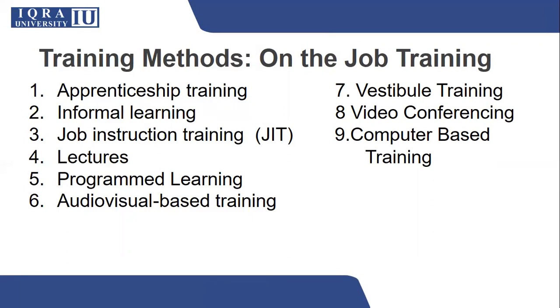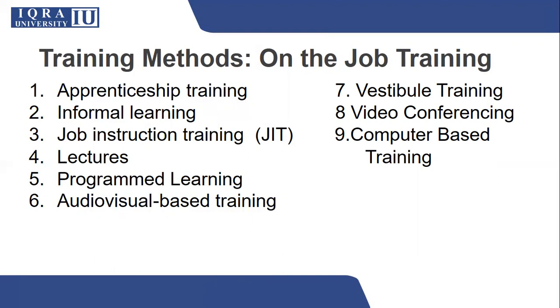Programmed learning, whether the medium is a textbook or internet or programmed learning, is a step-by-step self-learning method that consists of 3 parts. Number 1, presenting questions, facts, or problems to the learner.